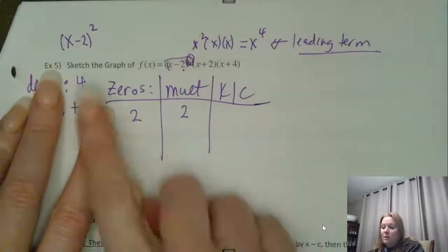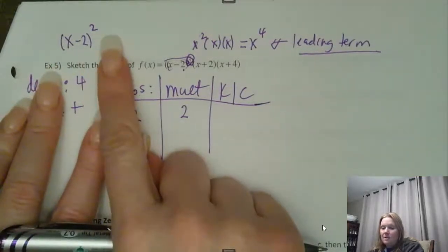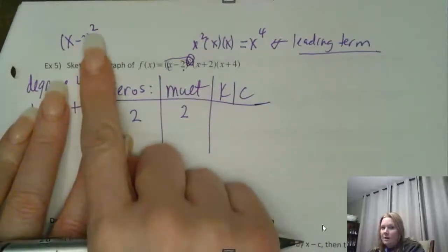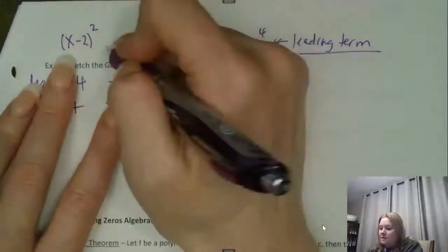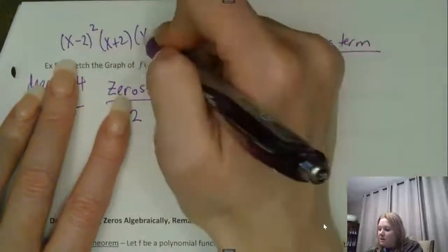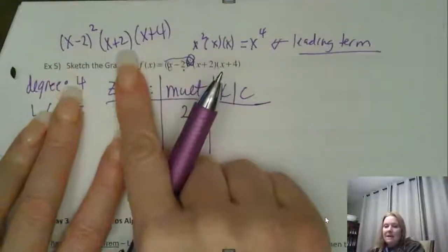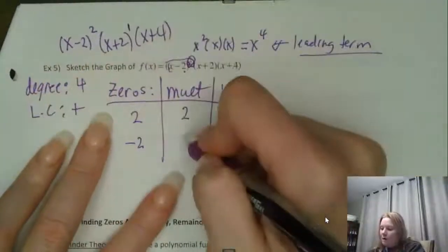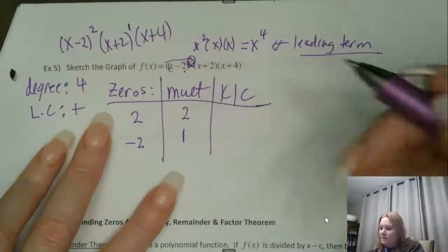So this 0 of 2, if you set that equal to 0 and solve, it's 2. That is going to occur twice because this factor occurs twice. And then you got the x plus 2 and the x plus 4. So setting that equal to 0, that's negative 2. Only has an exponent of 1, so it just occurs once.